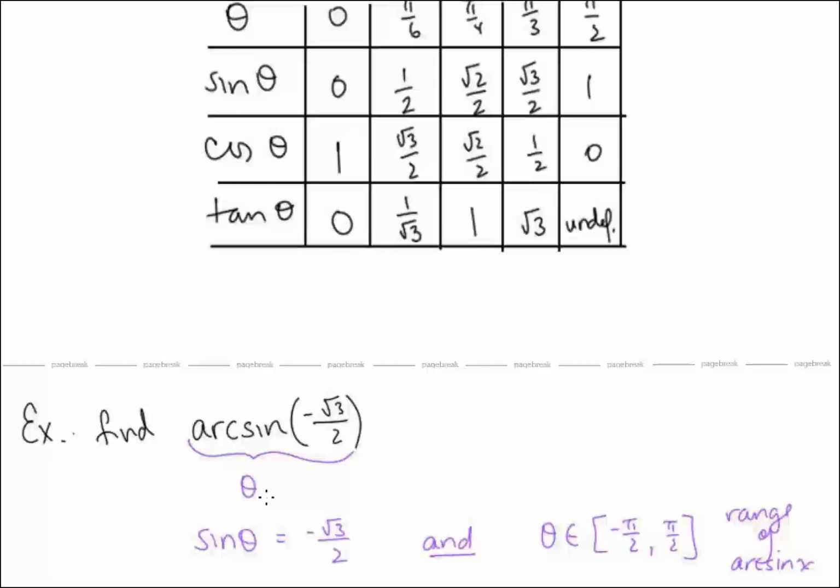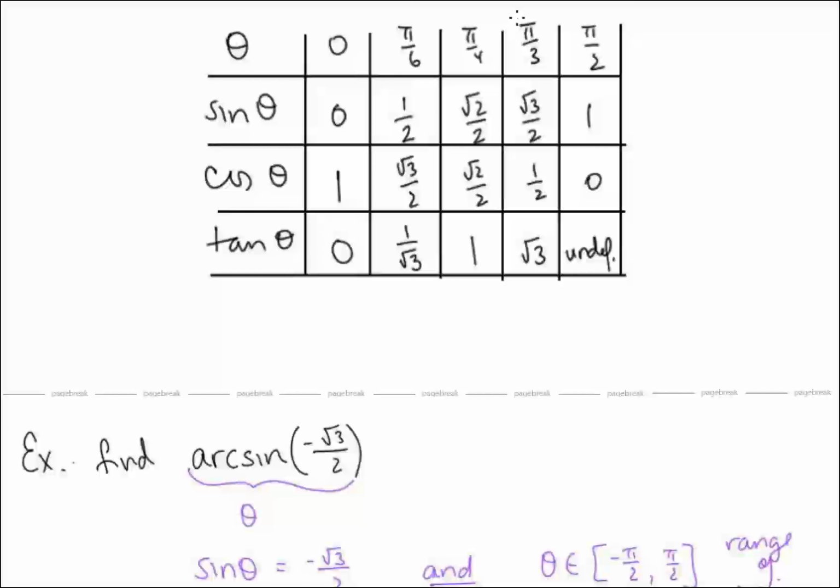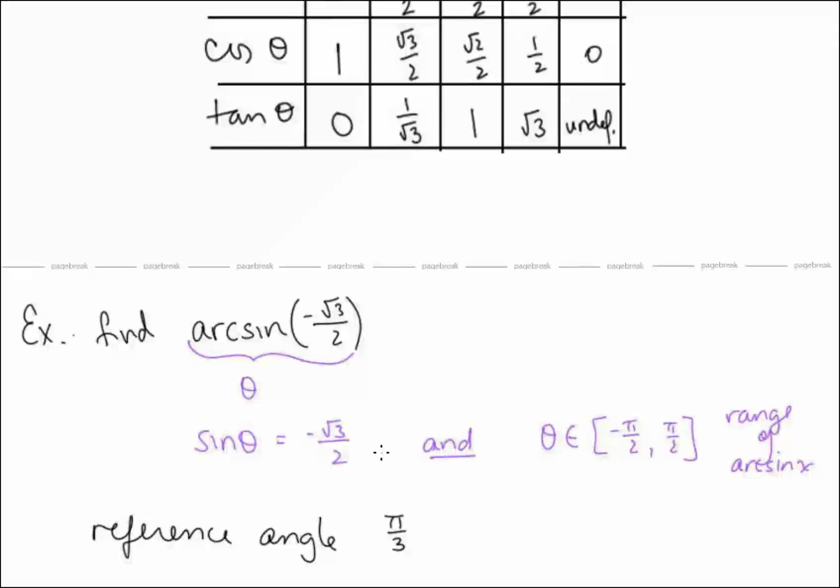Now, when we go and look at our table, we know that sine of pi over 3 is positive radical 3 over 2. So the answer here is not going to be pi over 3, but we're going to use pi over 3 to help us find the answer. We're going to use pi over 3 as our reference angle. So what we want to do from here is draw the angles in all four quadrants that have reference angle pi over 3.